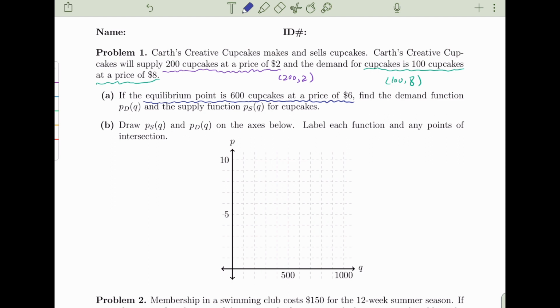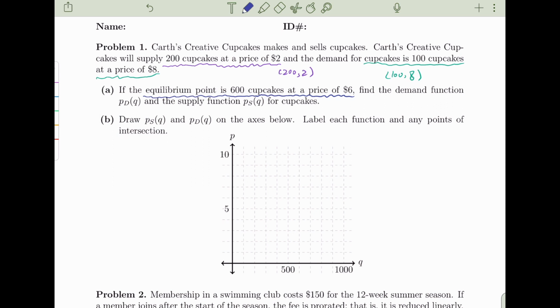What does that mean by equilibrium? Equilibrium means the demand is going to equal the supply, right? So it could be either the quantity of the supply and the quantity of the demand, right? So if the quantity is 600 cupcakes, then there will be this amount of demand, which is equal to this amount of supply, exactly at this price point.